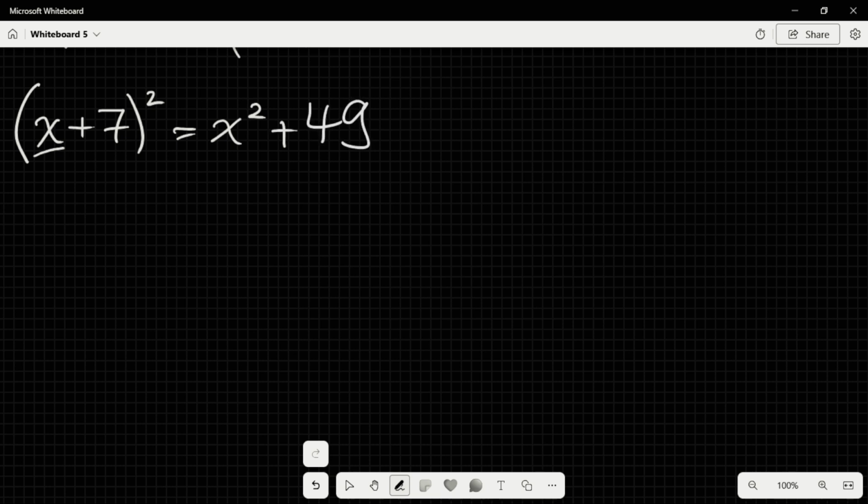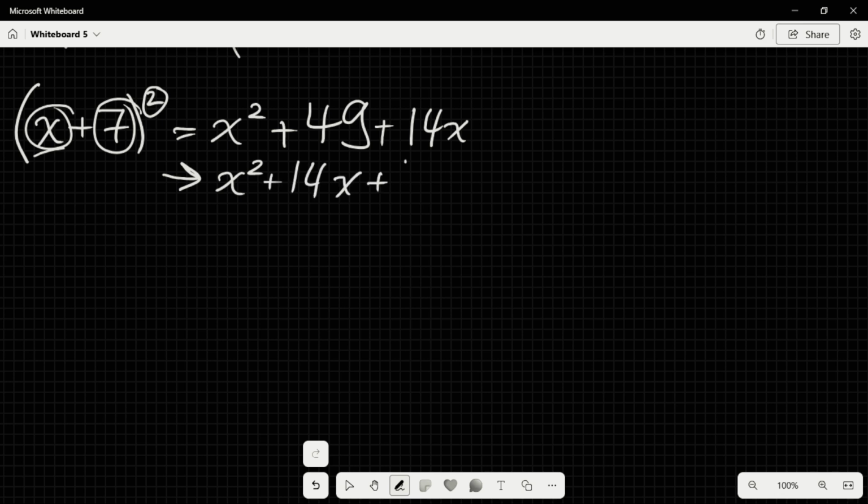And then we have 2 times x times 7. 2 times x is 2x times 7. This is 14x. And we can rewrite our equation, x squared plus 14x plus 49. That way, we're placing it in order of the decreasing powers of x.